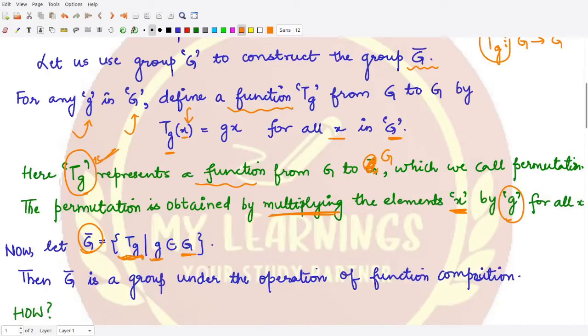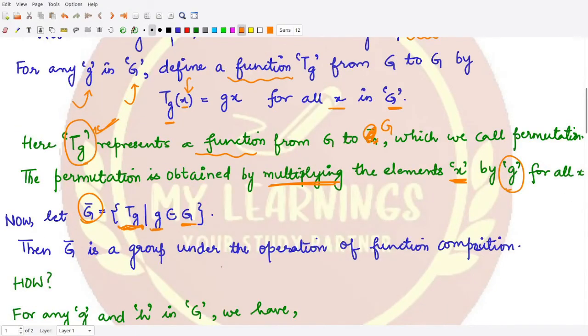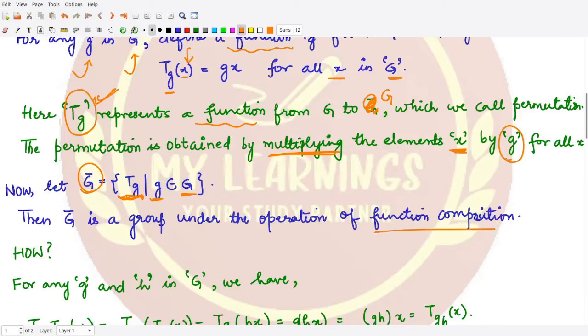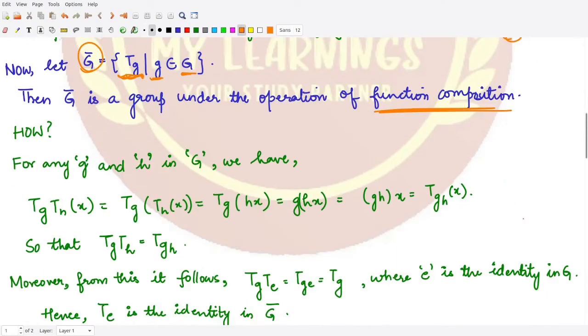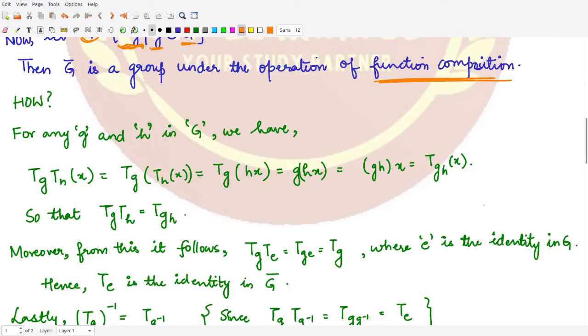Now we need to check whether this really is a group under the operation of function composition. So let's check it. For checking the group, we first require the closure property. That means if we take two elements T_g and T_h from the group G bar, where small g and small h are taken from the capital G group, can we multiply them and have an element which is again present in G bar?